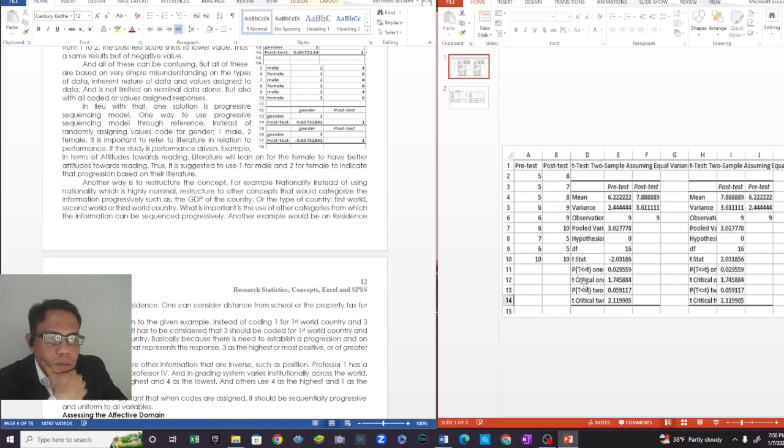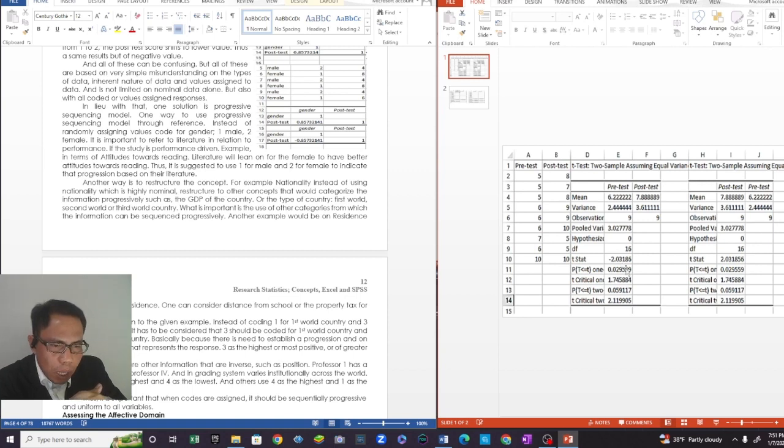So when using Excel, variable one should be the post-test and variable two should be the pre-test. Because if, for example, on variable one you put the pre-test and on variable two you put the post-test, we know that by face value alone the post-test is greater than the pre-test, so it creates a negative t.